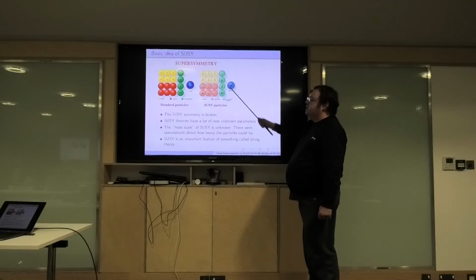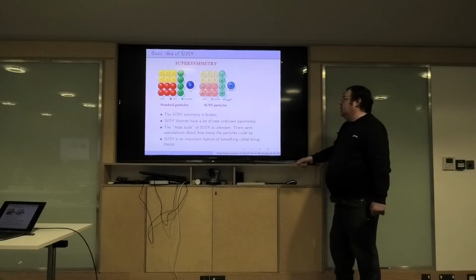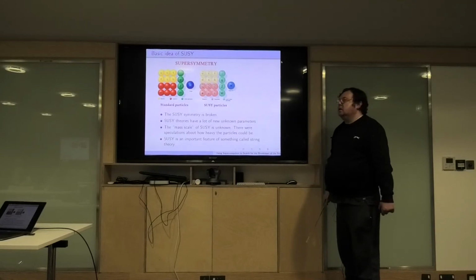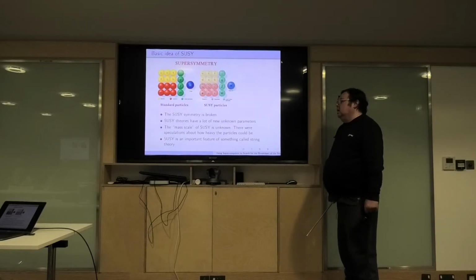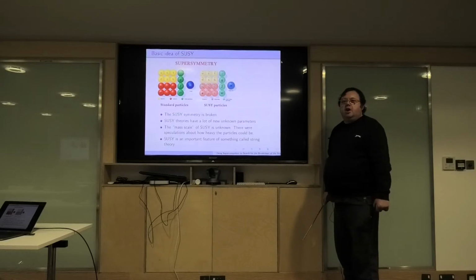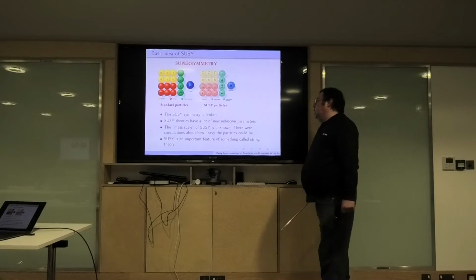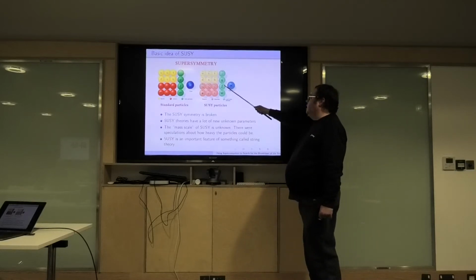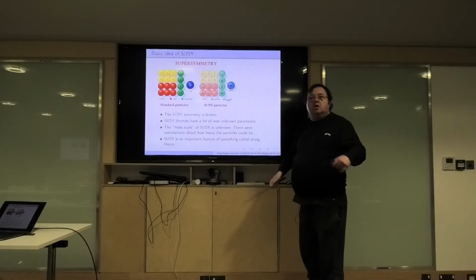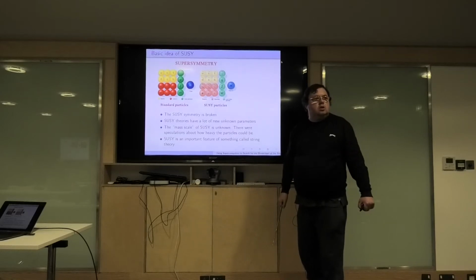So we have quarks and gluons, and in supersymmetry you have gluinos and stuff like that. Have all these new names, lots of particles. And I believe some of these particles are, in principle, good candidates for what dark matter is.